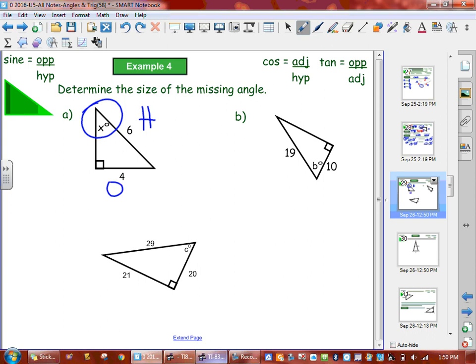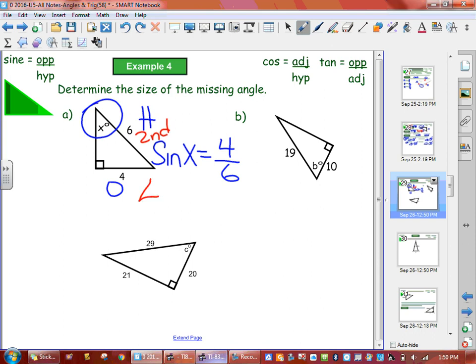I have to use sine. So I'd have sine x is O on top of H. So this is where I'm going to hit my second button. Second sine, 4 divided by 6. How big is that angle? 42. So angle X is 42 degrees.